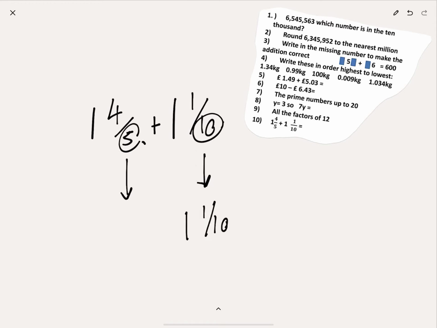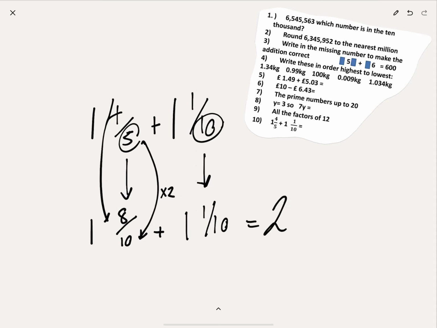You're going to multiply the denominator by 2 to turn it into tenths, which means you're going to multiply the numerator by 2, so it's 8. So it's 1 and 8 tenths. Okay, 8 tenths is the same as 4 fifths. Add them together. 1 and 1 is 2. 8 and 1 is 9 tenths. You can't do it any other way, can you? Yeah, 2 and 9 tenths.